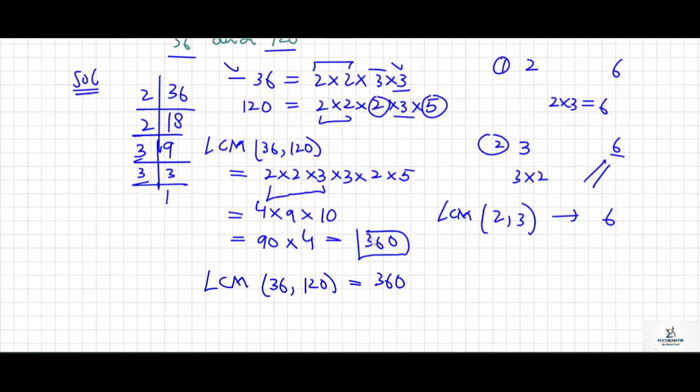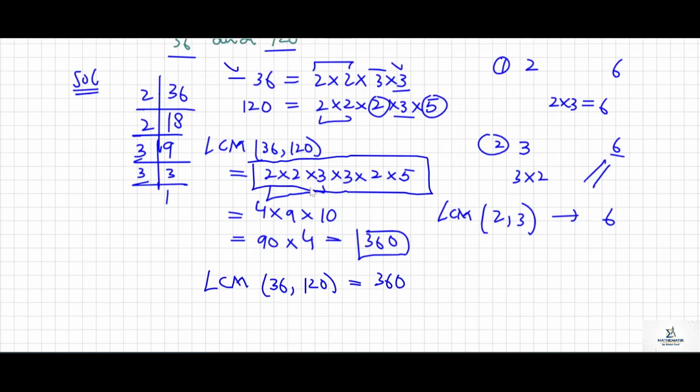When you see 360, it can be written as a product. When we distribute 36 into 2 into 2 into 3 into 3 and divide these numbers, we can cancel 2 with 2, 2 with 2, 3 with 3 and 3 with 3.